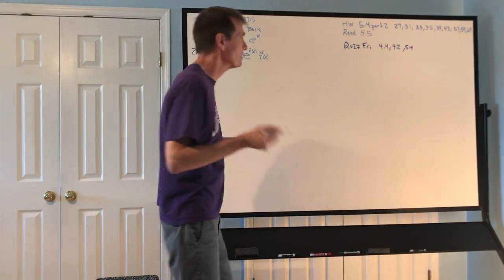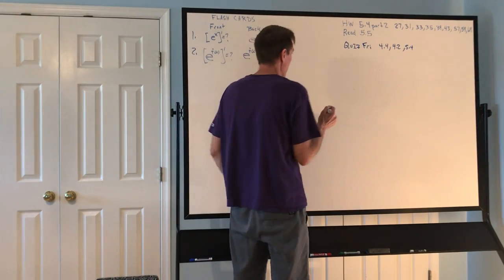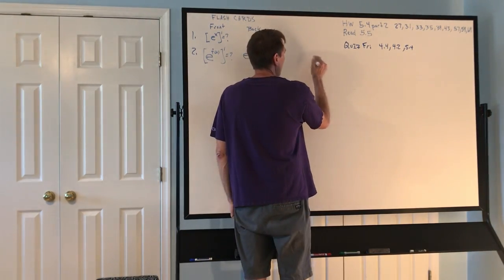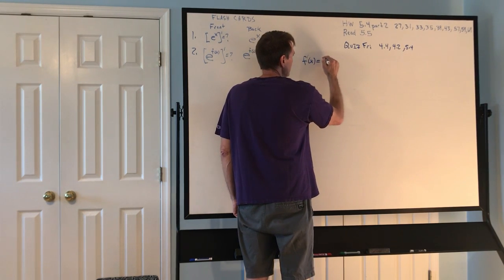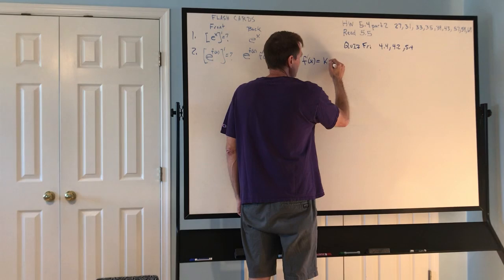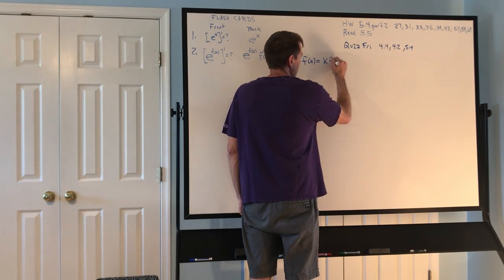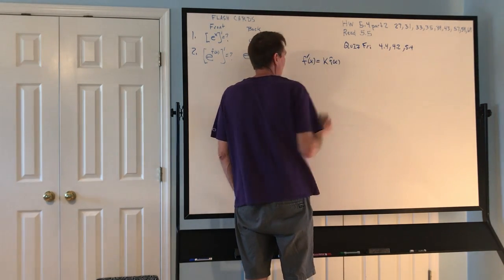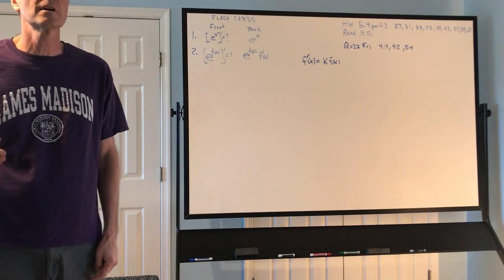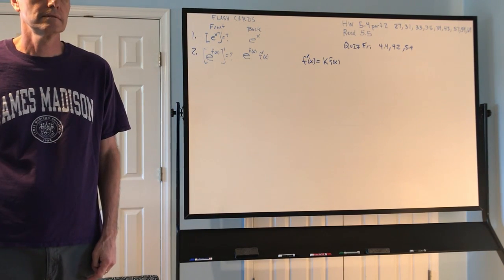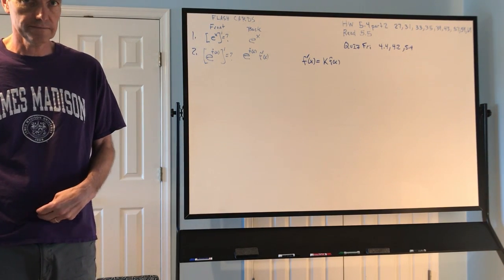So this is the result that I want to show you guys. Suppose that I've got a function whose derivative is equal to some constant times itself.